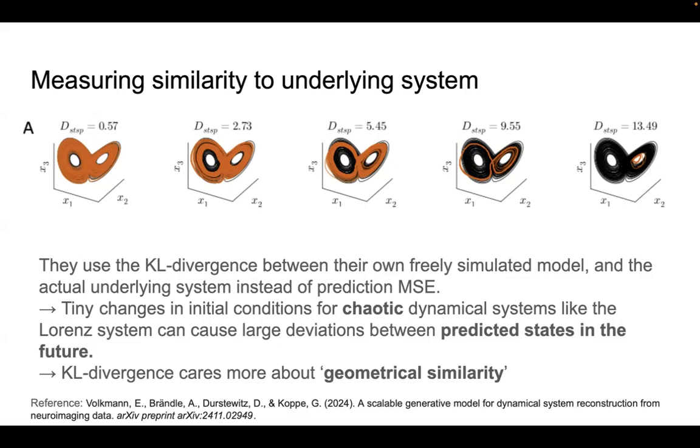But I think first what's interesting is that they say, if we want to measure the similarity to the underlying system, if it is a chaotic system, this may not be clear for a lot of people, but I don't know if people have heard about the butterfly effect. If you have a really small change in initial conditions, and this can literally be like epsilon, like your computer epsilon, over time that will lead to differences.